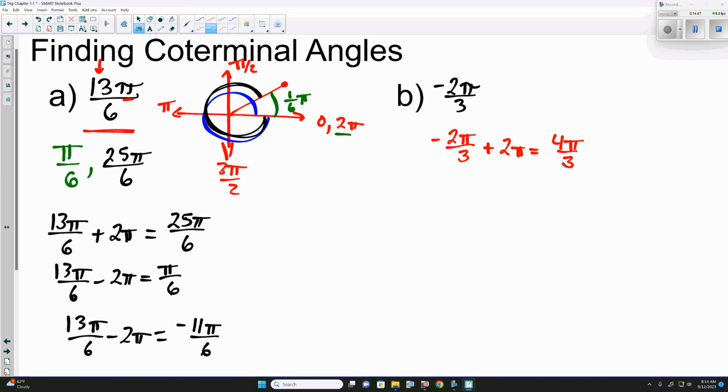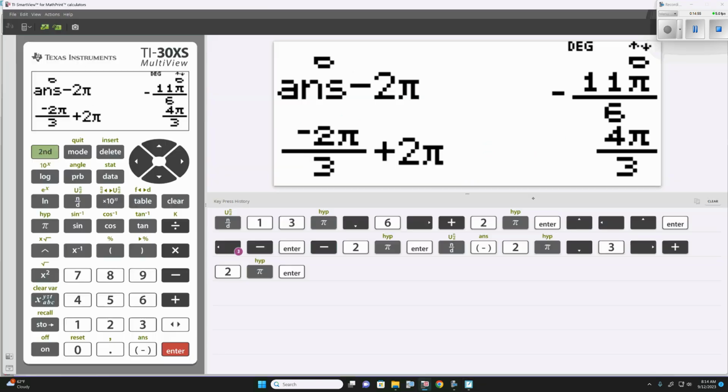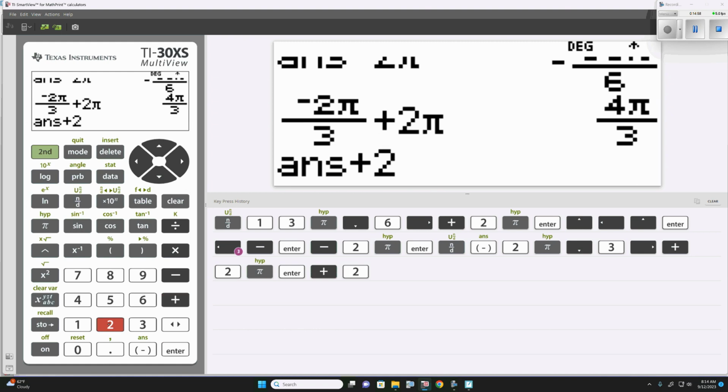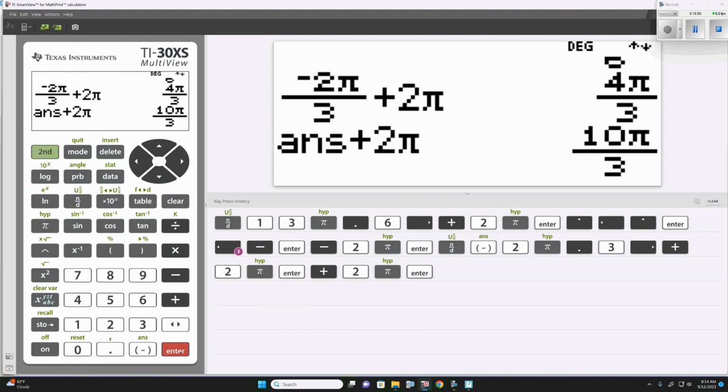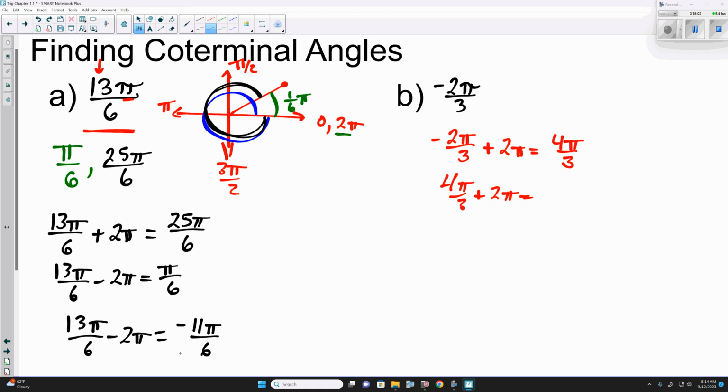And we could add it again. We could say 4 pi over 3 plus 2 pi, and get 10 pi over 3. And we could keep doing that.